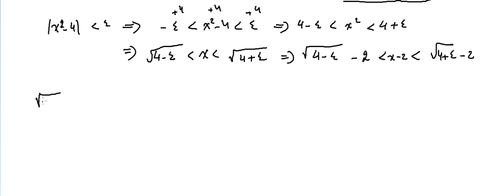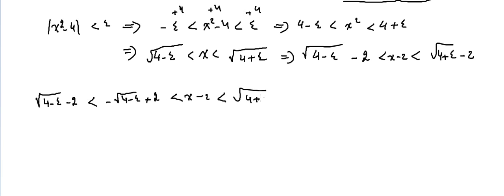For sure radical 4 minus epsilon minus 2 is less than minus radical 4 minus epsilon plus 2. Is that true? Because 2 minus this value is more than this value minus 2. So it's less than x minus 2 less than radical 4 plus epsilon minus 2. Why did I choose this value here?